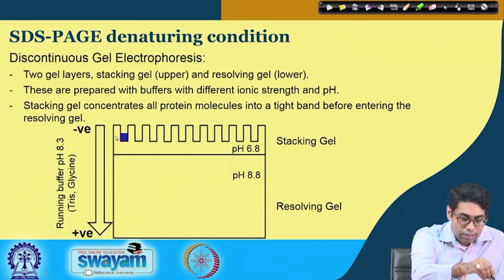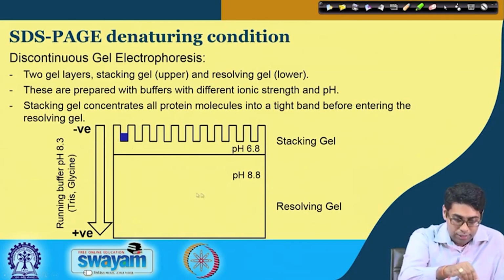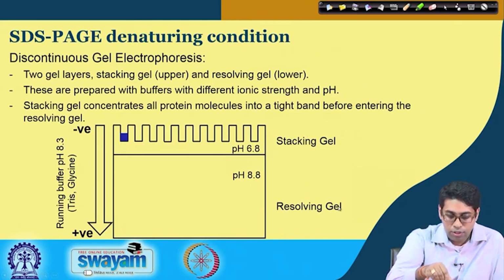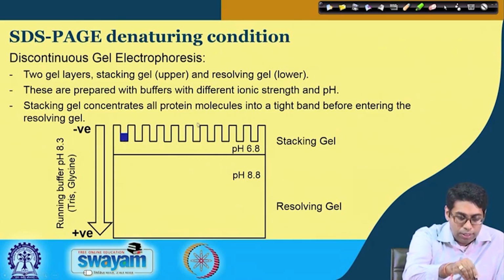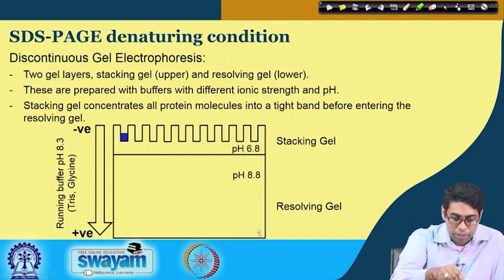You can see there are two gels. The upper one is called a stacking gel and the lower one is called a resolving gel, and these are called the lanes. This is where the protein sample is applied. In this setup we can actually apply 10 different samples and run them simultaneously on the gel.